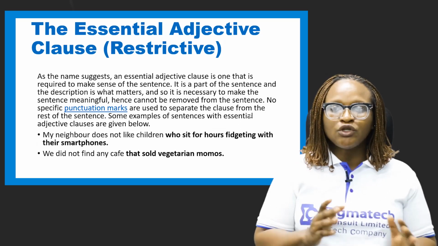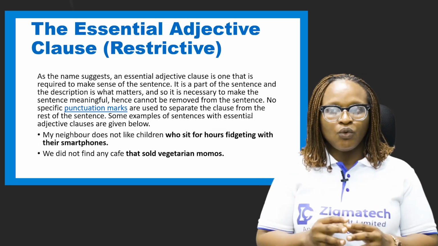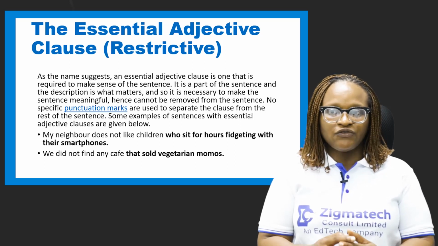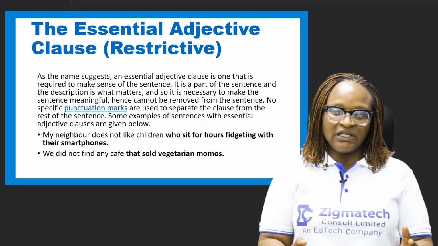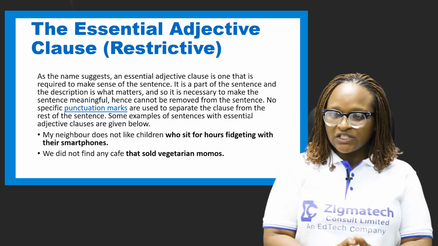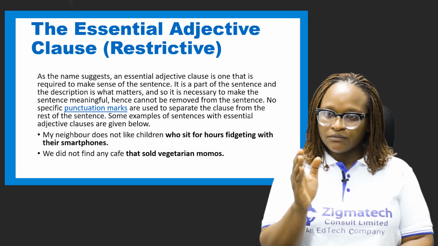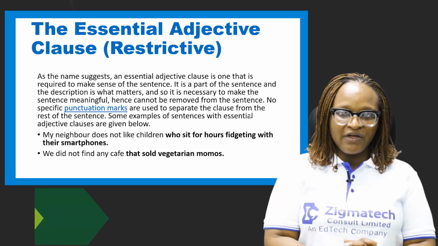So you have, my neighbor does not like children who sit for hours fidgeting with their smartphones. Who sit for hours fidgeting. So the bolded part of the sentence shows the grammatical name, which is adjectival clause. And you'll see that I have, my neighbor does not like children. That's the main clause. Who sit for hours fidgeting with their phones.